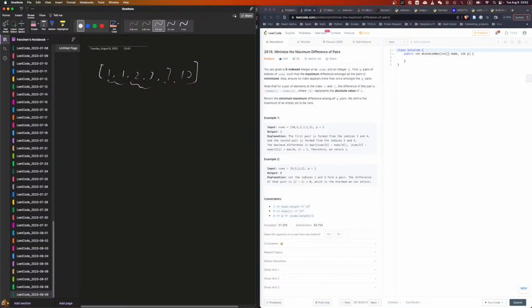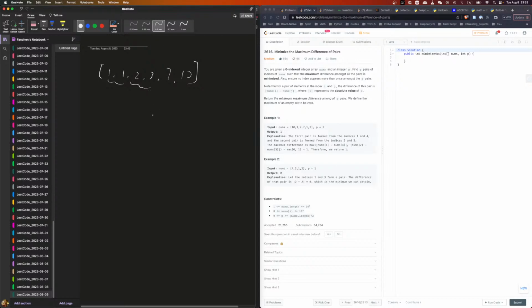So we're gonna take some pairs, right? And after we take the pairs, we want the maximum difference to be minimized, which means when we take all the pairs, we want the maximum difference between all the pairs to be small.